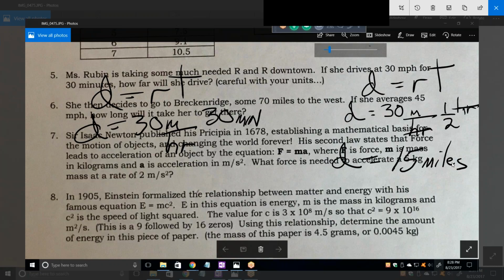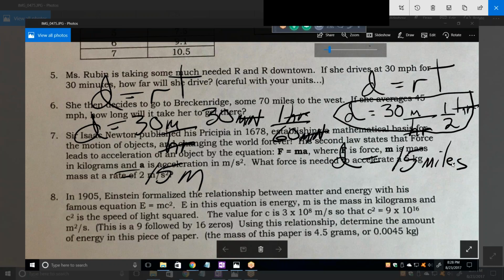But if I add the following factor, where you have 1 hour per 60 minutes, now notice the minutes cancel, the hours cancel, and the 30 divided by 60 is 1/2. So it's 1/2 times 30. I still get 15 miles. Okay? It was just the way I did it the first time.